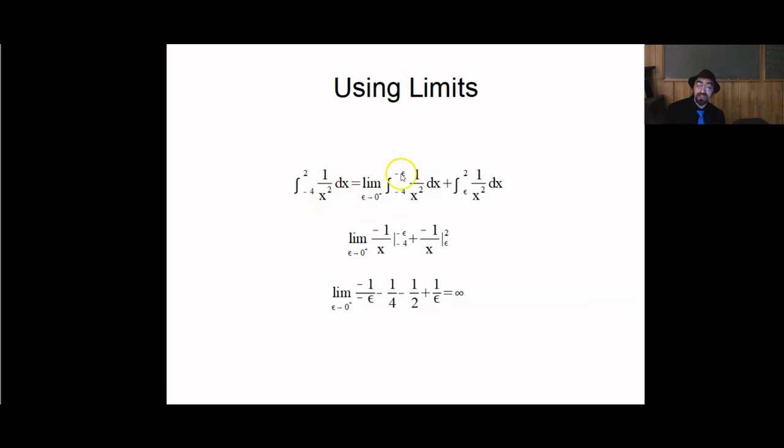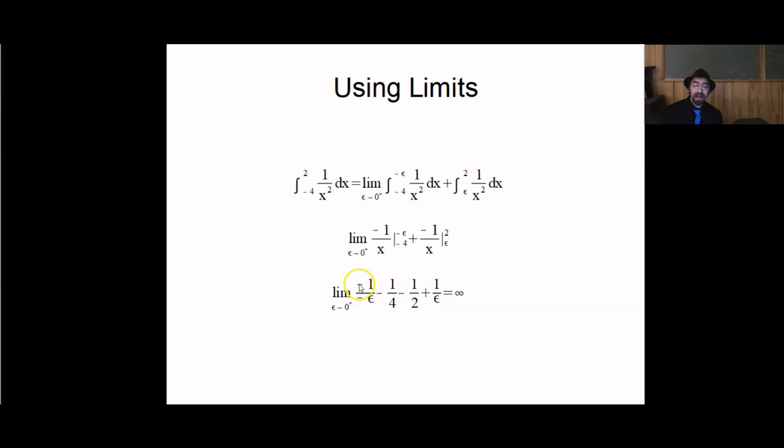We'll go from -4 to negative epsilon in our first integral, and then from positive epsilon to 2, and do everything else the same way as before. The limit as epsilon goes to 0 from the positive side of -1 over x from -4 to negative epsilon, and then from epsilon to 2. When we do that, we get -1 over negative epsilon, minus 1 over 4, minus 1 over 2, plus 1 over epsilon.